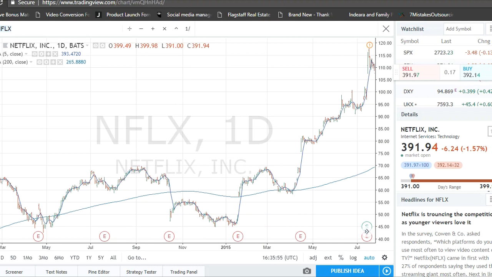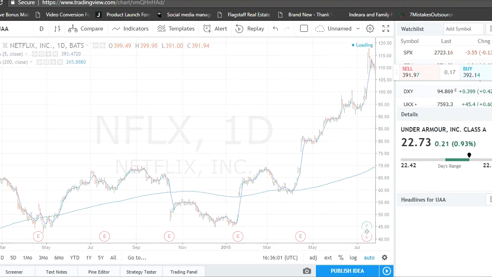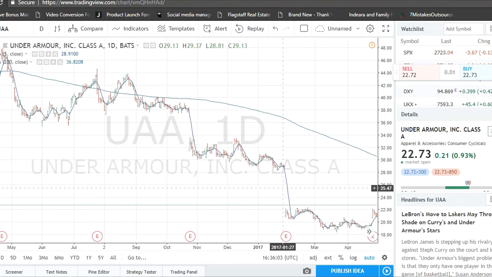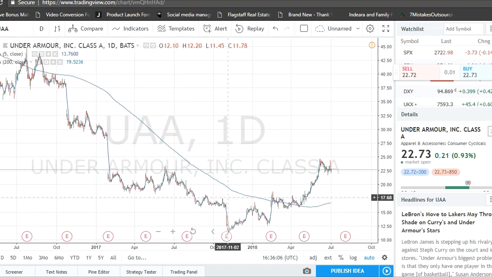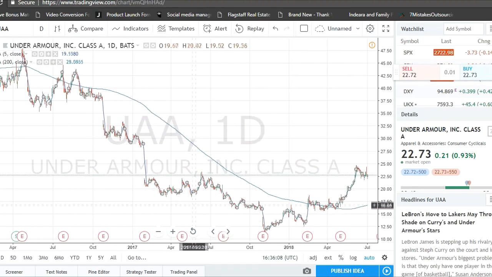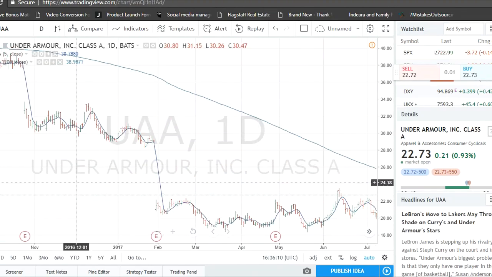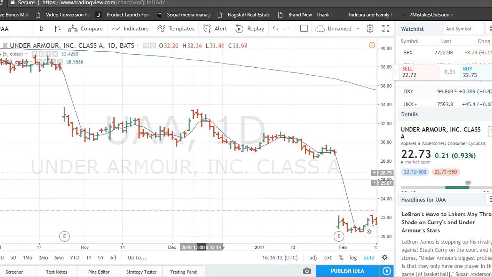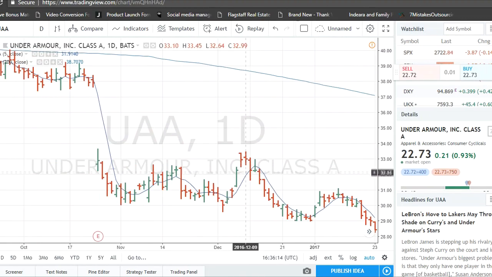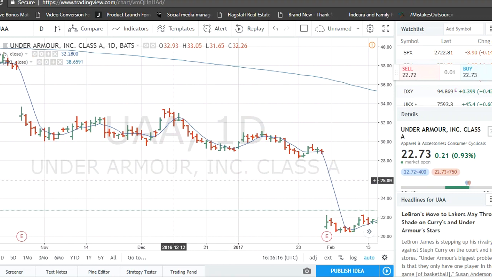Netflix. Let's see, does it work on smaller? Under Armour. So, Under Armour started to get bullish again, but it was bearish for some time.